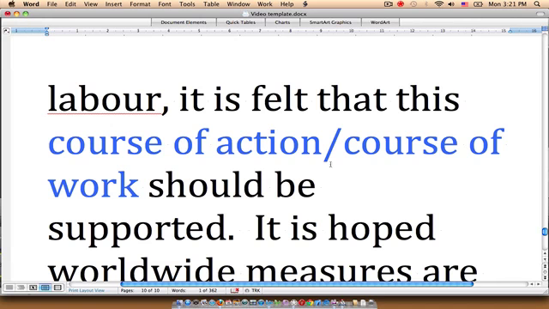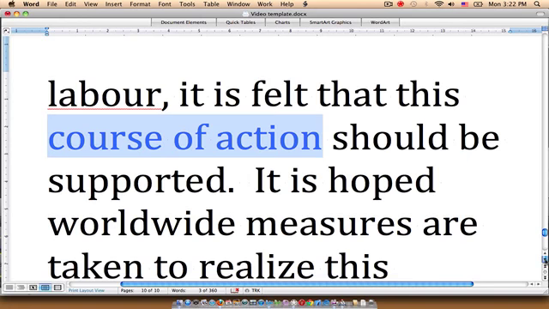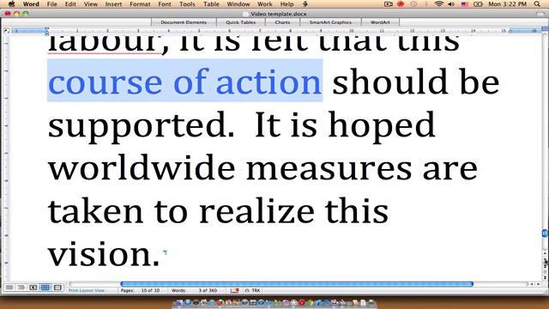Okay, and in English nobody says, or very seldom do people say, a course of work. Typically, the phrase is a course of action. And the phrase course of action, if this is new to you, just means a plan for something. So if you want to use this in your essays in the future, you can use it to replace the word plan in many instances. It is hoped worldwide measures are taken to realize this vision.